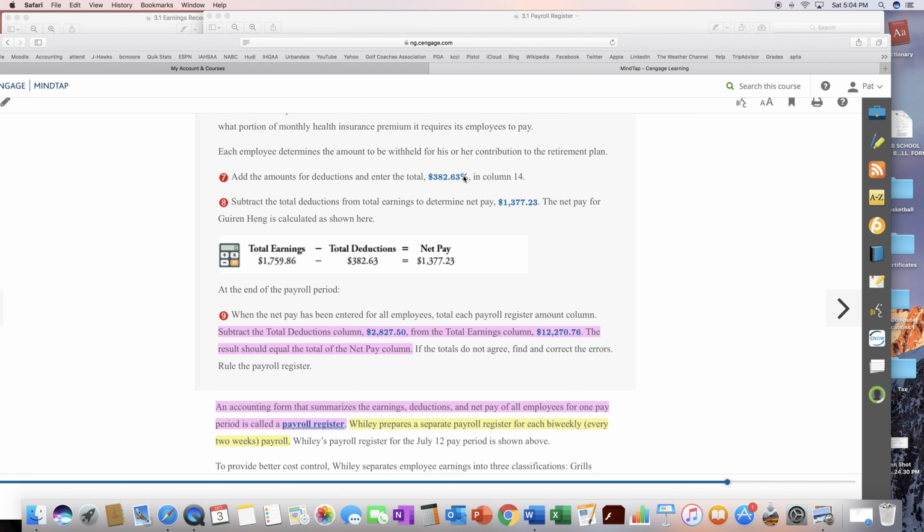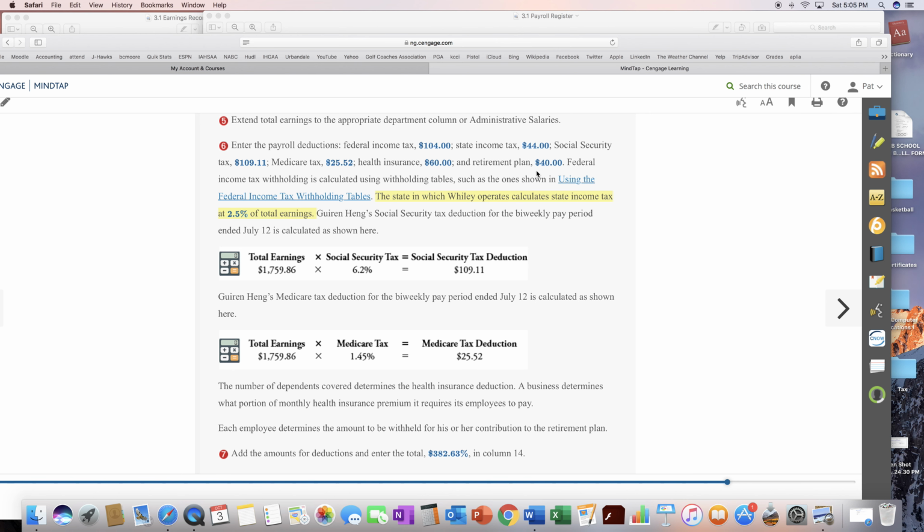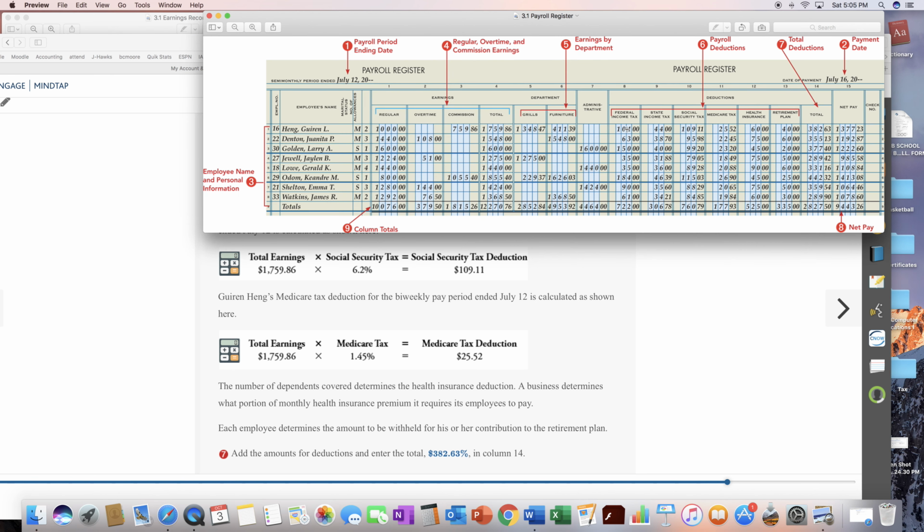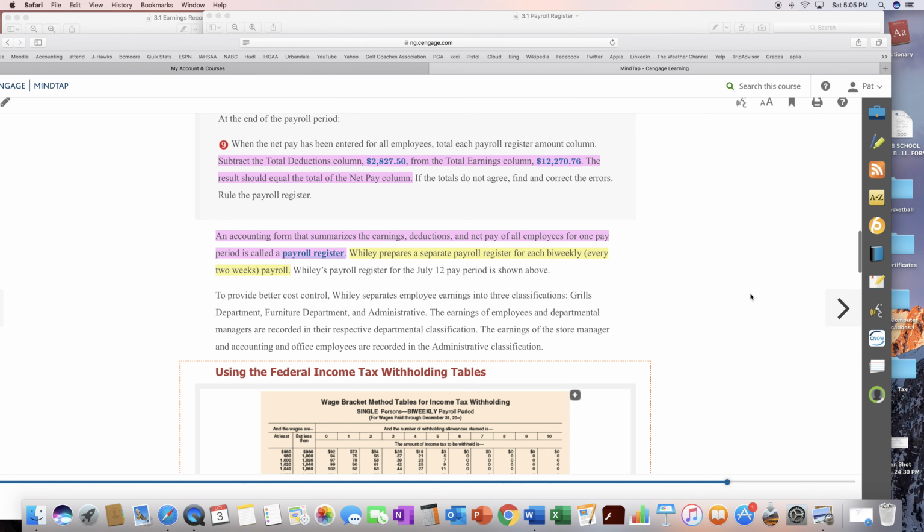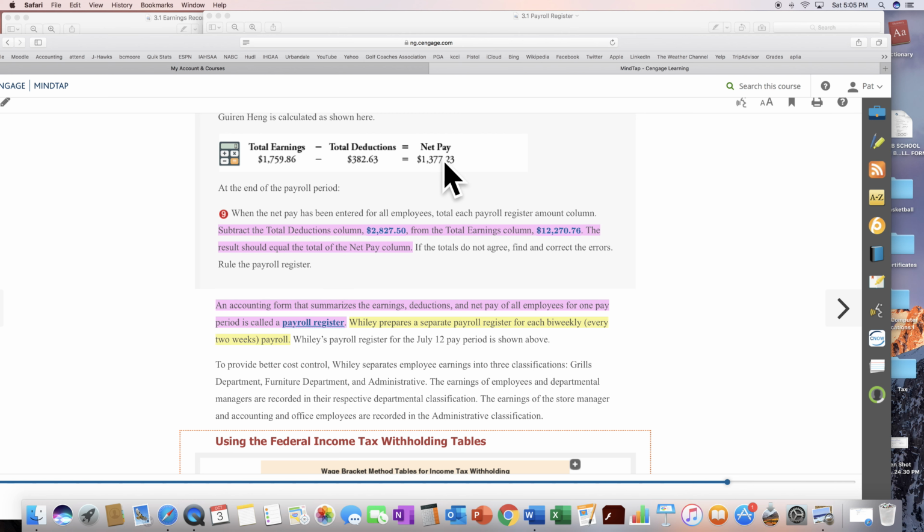This is supposed to say dollar. I don't know why it's a typo, whatever. So you take the total earnings minus all these deductions, which again are listed here. You get your total earnings minus your total deductions to get net pay. And that's what they're doing there.